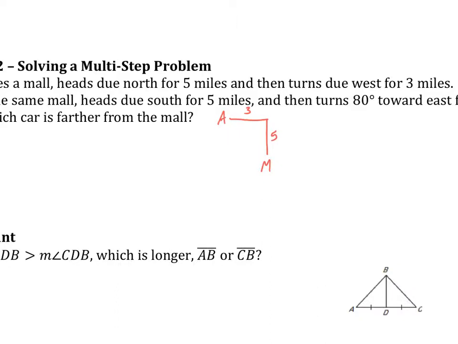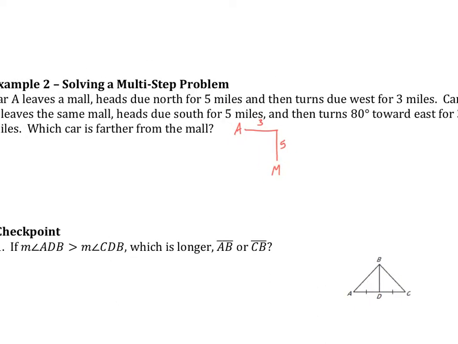Car B heads due south for 5 miles, and then turns 80 degrees east, and goes 3 miles.